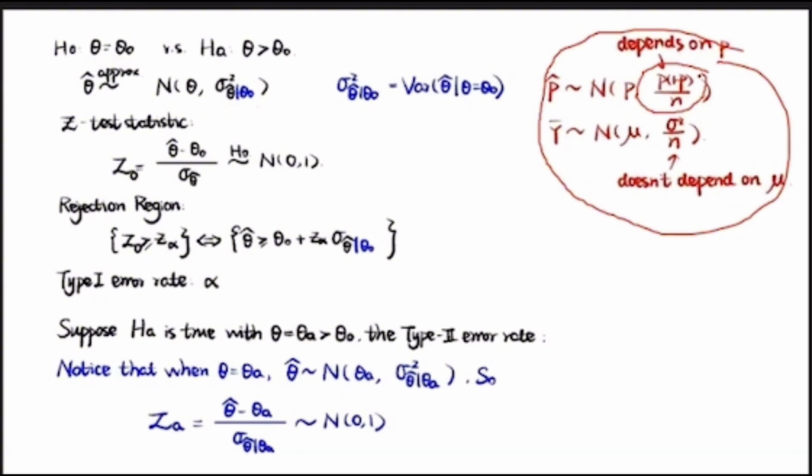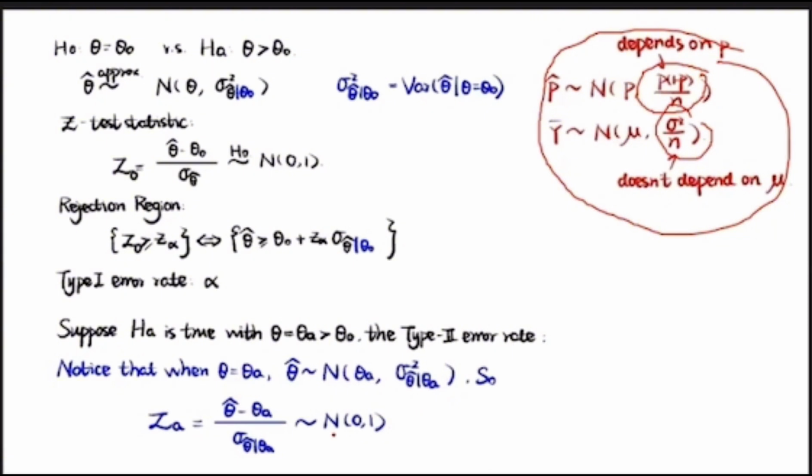In the variance formula for proportion, when we are conducting hypothesis testing, it has to be the parameter, not the sample proportion. But the variance of the mean does not depend on the parameter. The parameter we are focusing on for the mean is mu, and the variance is sigma squared over n.